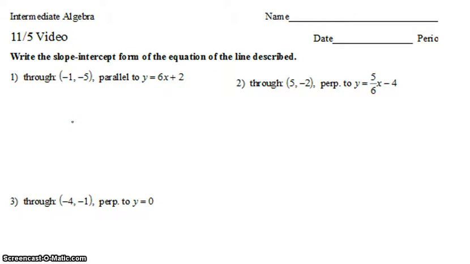Okay, when you are trying to write equations of lines and you're given a point and you're simply told that it is either parallel or perpendicular, what you need to focus on is your slope. So do remember that if you are looking at parallel lines, they have the same slope.